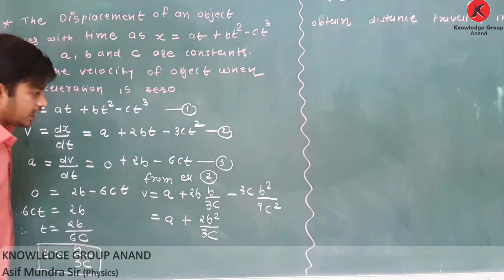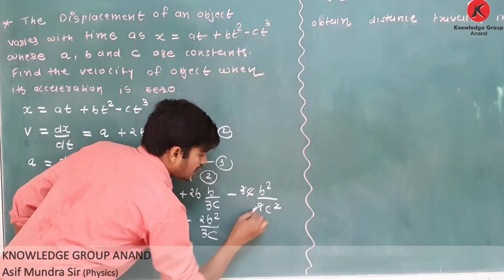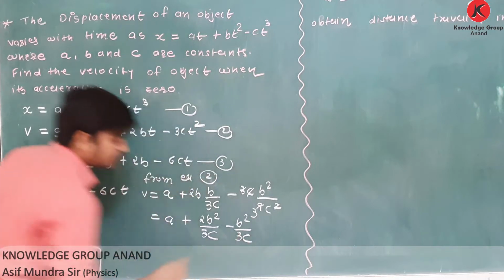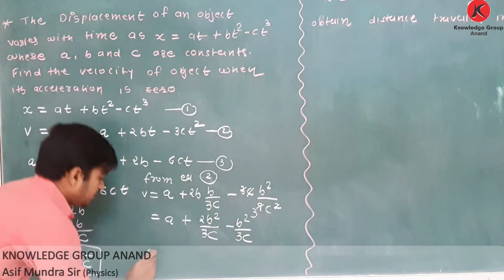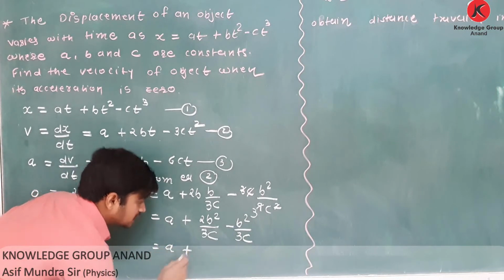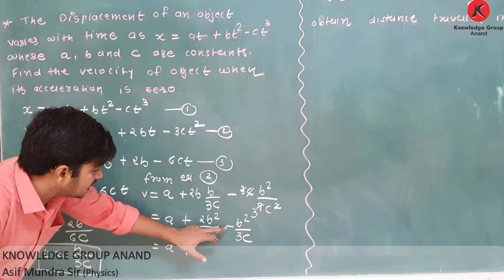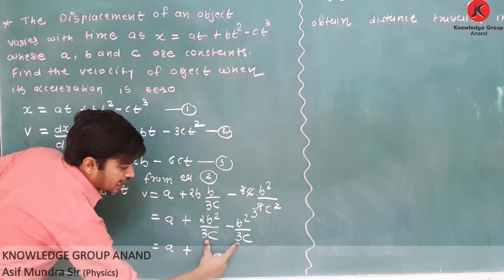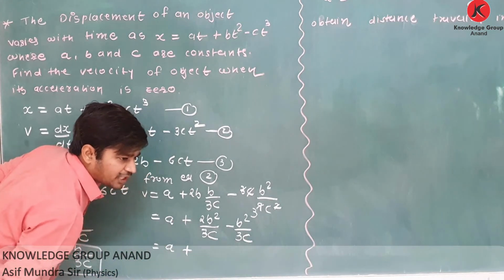Any doubt? Okay. C cut 3 into 3. So it is b square upon 3c minus b square upon 3c. Clear about this? Okay. Now last step, v is equal to a plus. Now see, if you observe these last two terms, 2b square upon 3c minus b square upon 3c, the 3c in denominator is common.